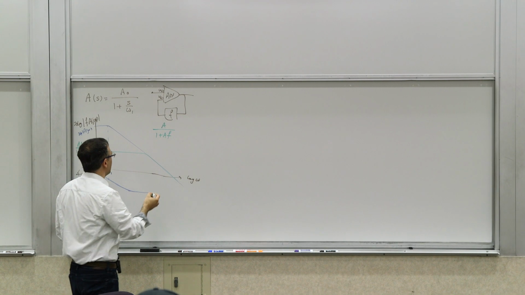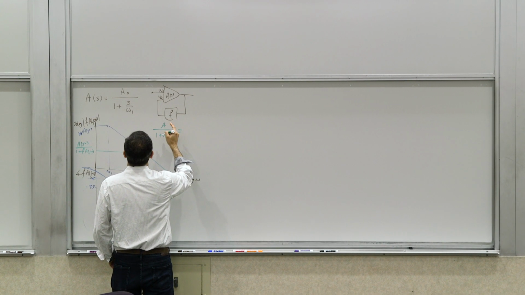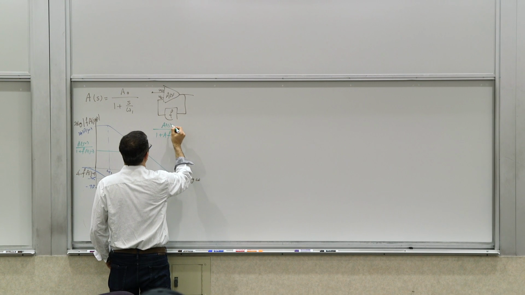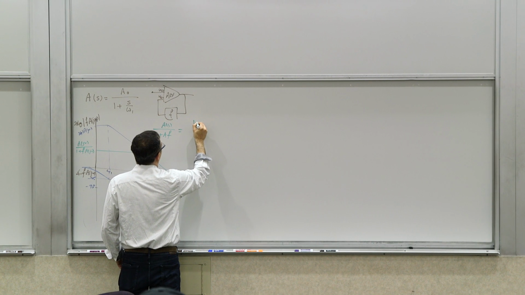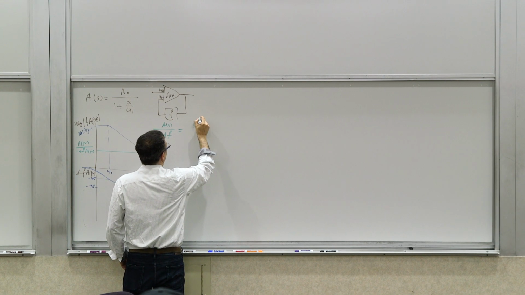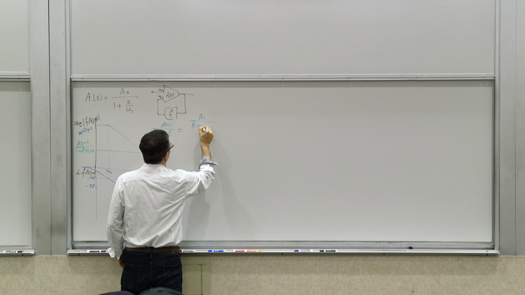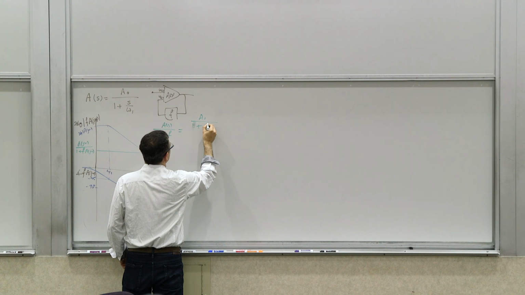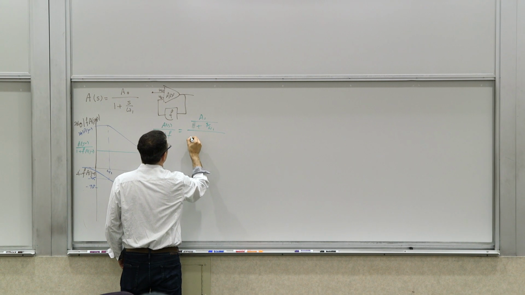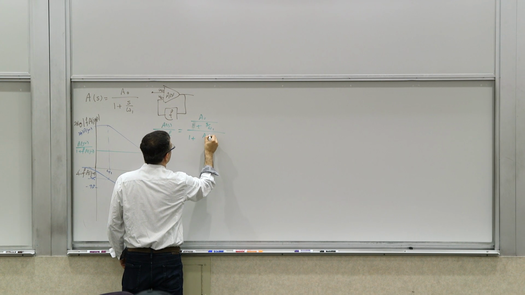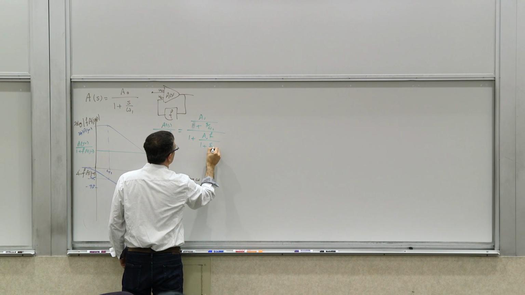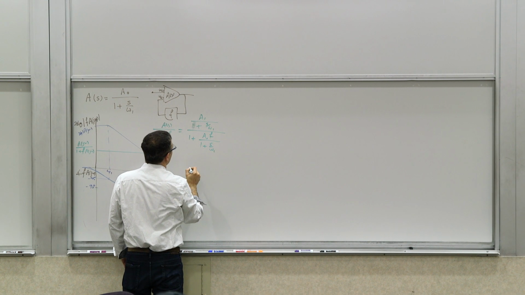It's easy to see, so let's calculate this. It's a basic calculation: A0 over 1 plus S over omega 1, divided by 1 plus A0F over 1 plus S over omega 1.